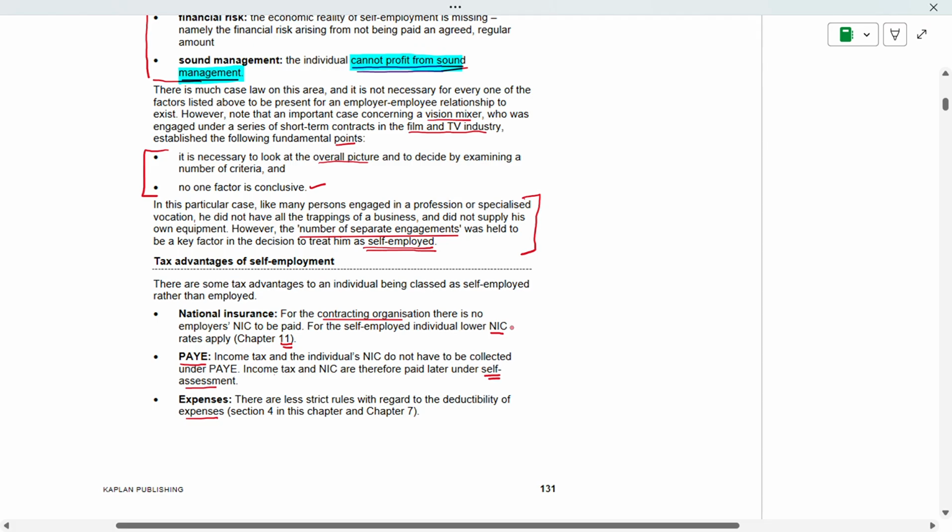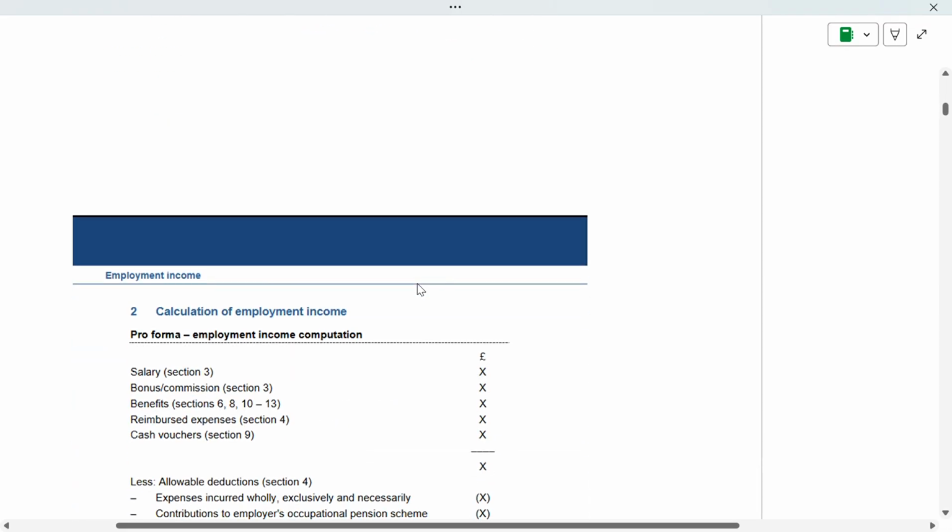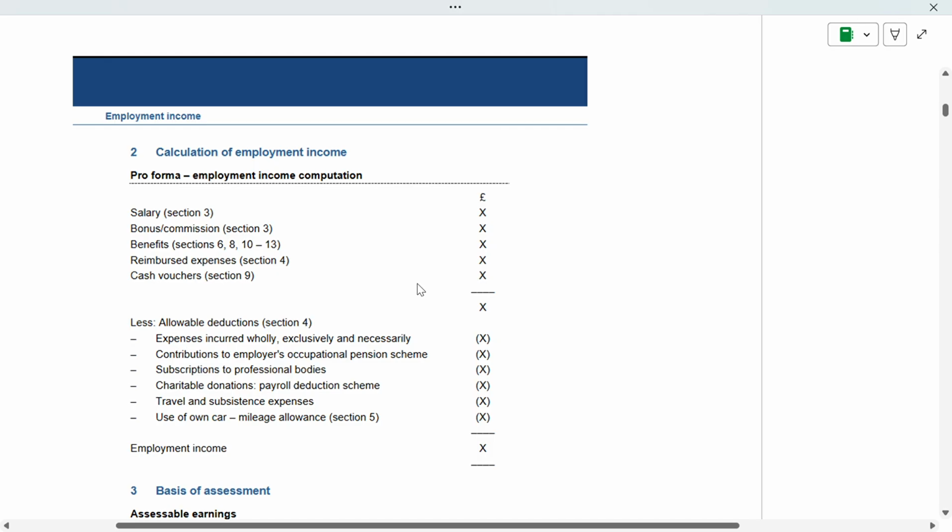Okay, a little bit. At least remember what we have done. There is salary, bonus, benefits, reimbursed expenses, cash vouchers. Now these allowable deductions are there: expenses incurred wholly and exclusively, a contribution to an employer's occupational pension scheme, subscriptions to professional bodies.